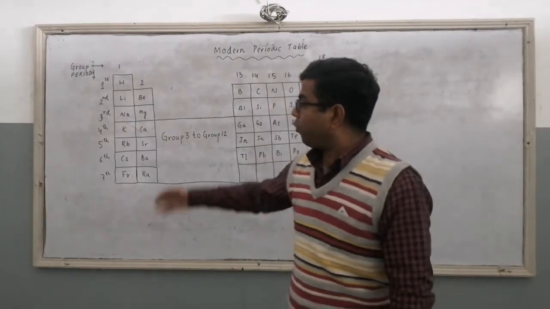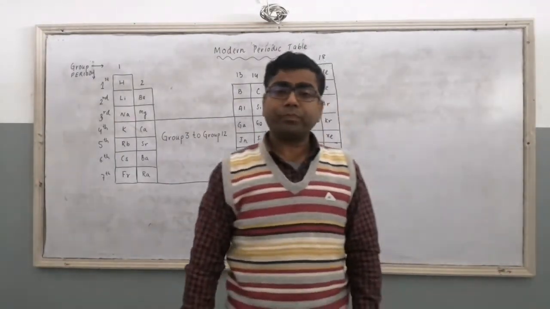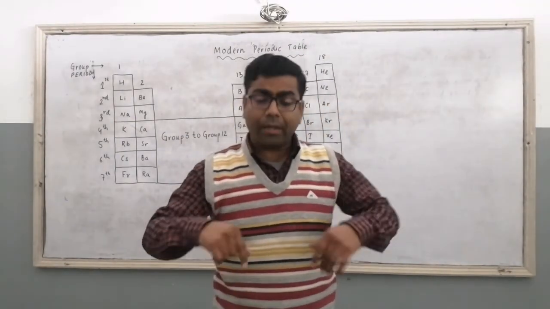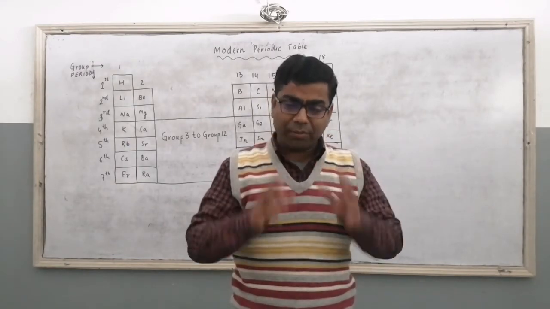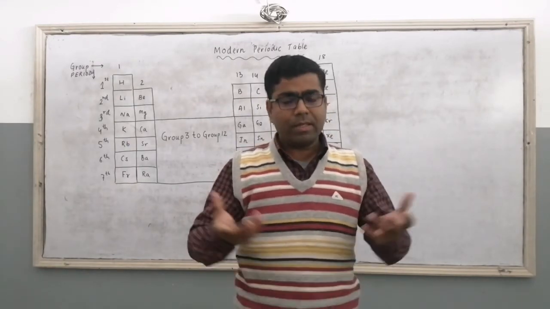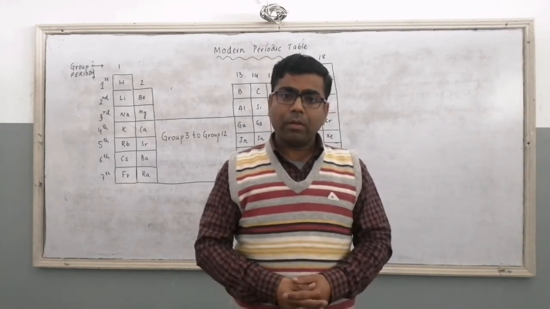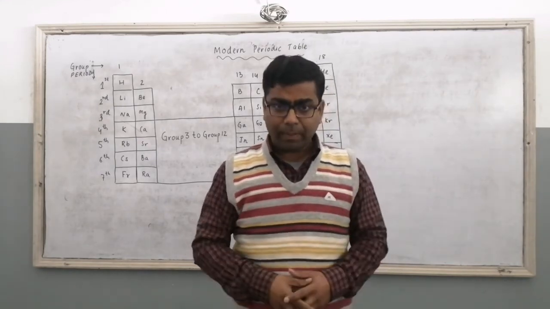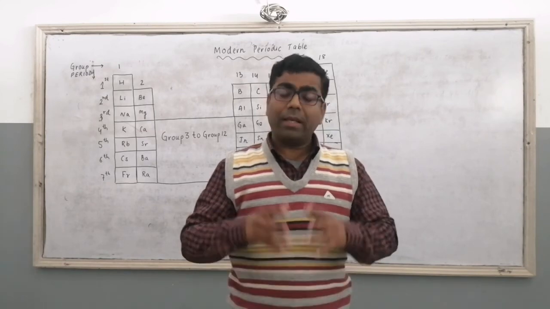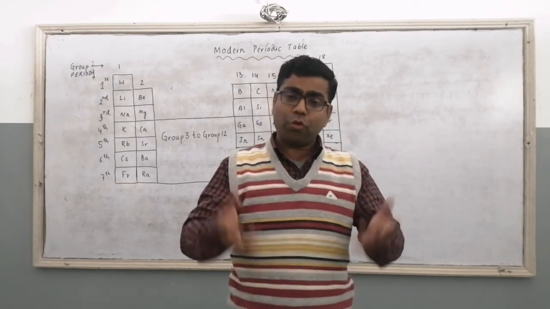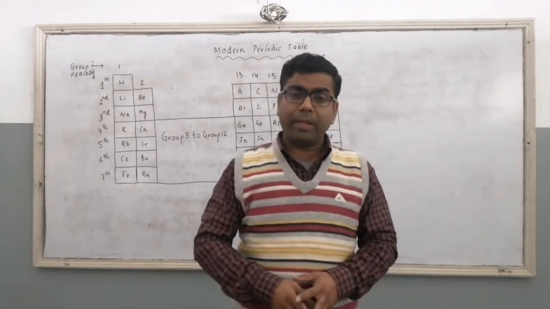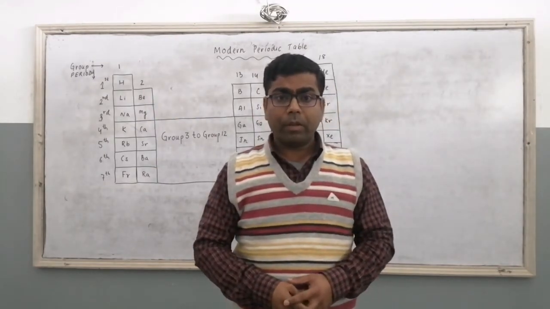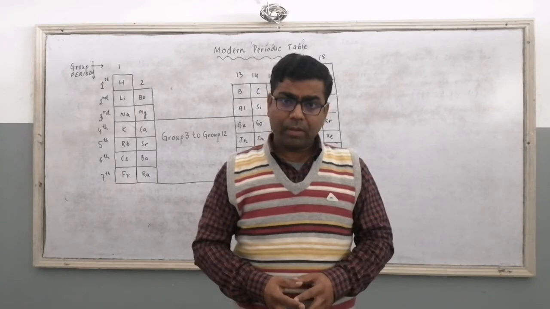What happens if we move from top to bottom in a group? Metallic character increases. Or we can say electropositive character increases. Reason is very simple. What is electropositive character? What is metallic character? Property to lose electron. As we are moving top to bottom in a group, valence shell increases.